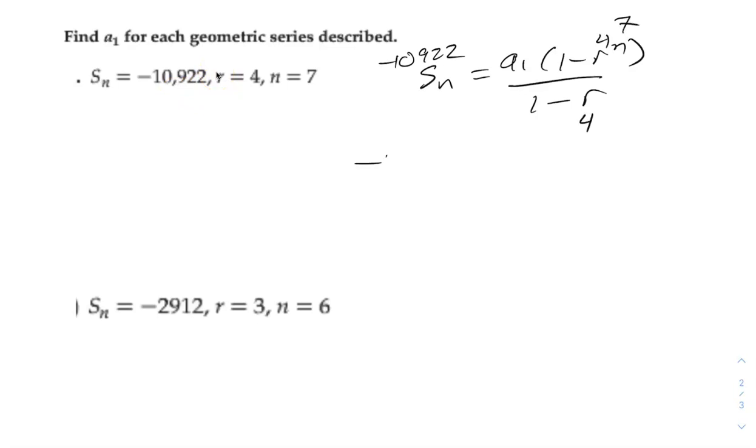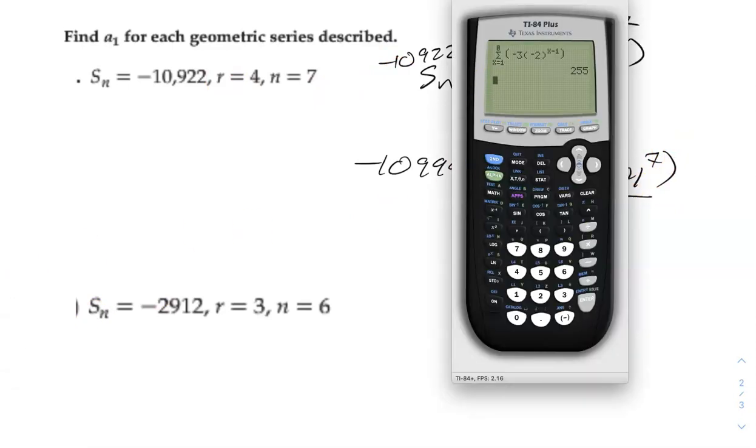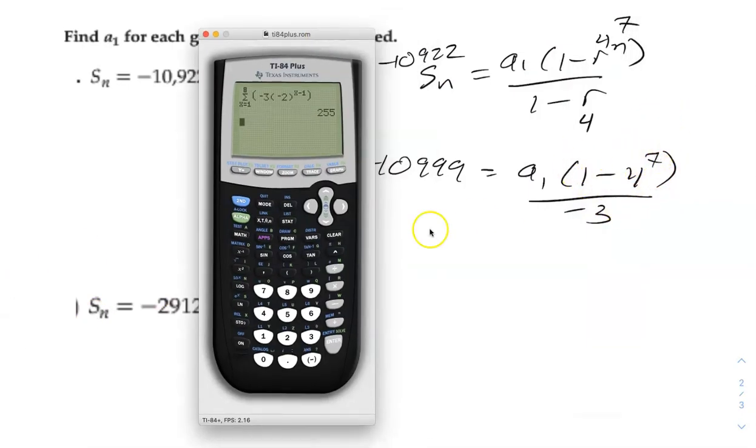So essentially, the one thing I'm missing is A1. I have everything except for A1. So just put it in your calculator. Let me simplify what this is. Let's figure out what 1 minus 4 to the 7 is. Let's take this step by step.